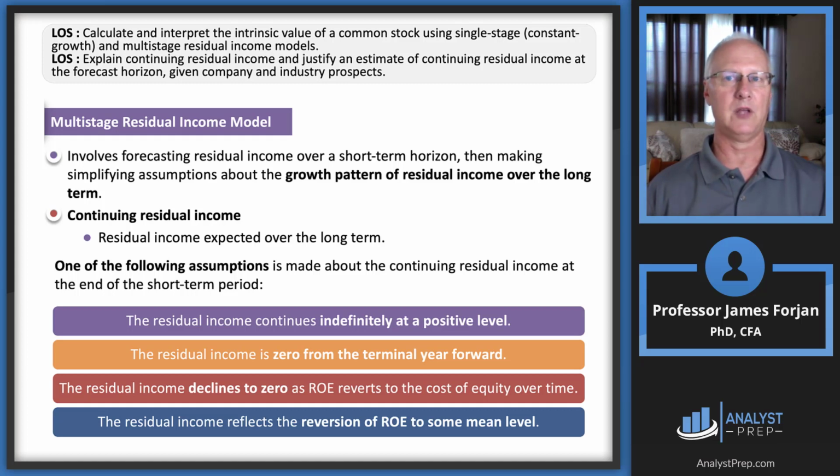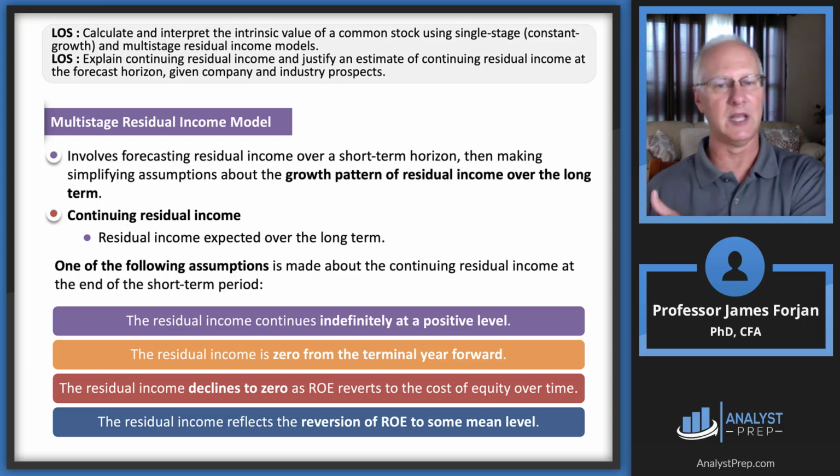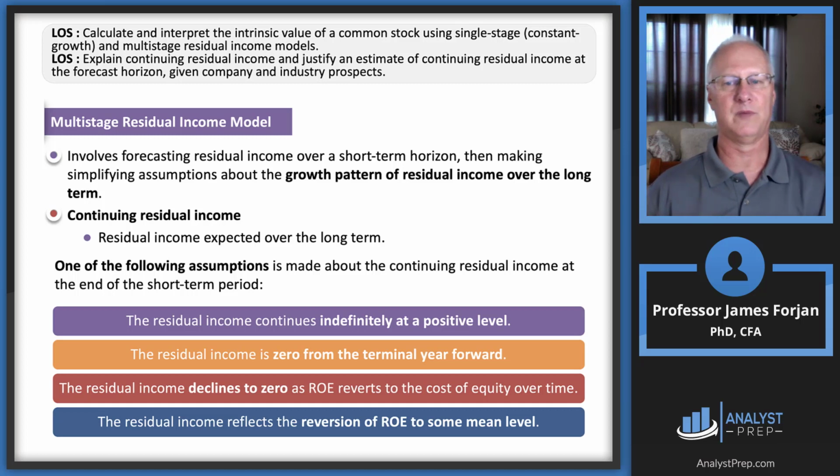Now, what the reading does is it uses the term continuing residual income, but this is analogous to the terminal value that we did before. Residual income expected over the long term. A couple of assumptions here. Residual income continues indefinitely at a positive level. That's important. What we could also do is assume that residual income is 0 from the terminal year forward. I'm going to do that here in just a second. That's not too terribly realistic, but from a pedagogical standpoint, it makes sense to ask a question based on that orange assumption.